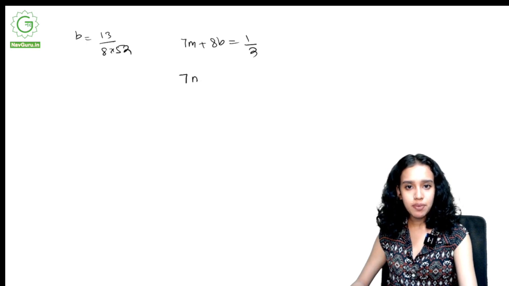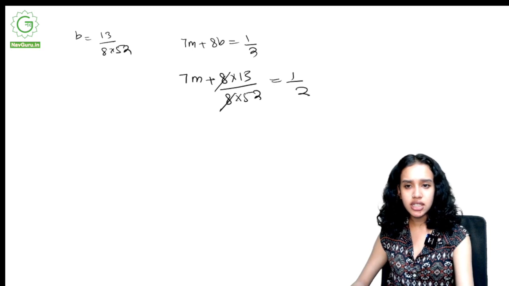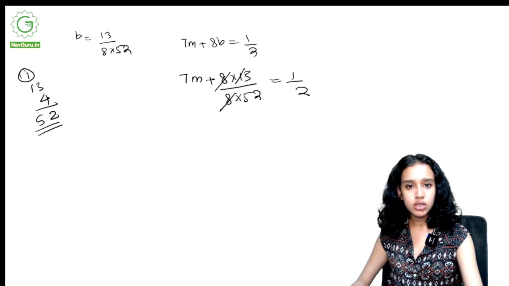So 7m plus 8 into 13 by 8 into 52 is equal to 1 by 2. We cancel this 8 out, and 13 and 52. What is 4? 3s are 12, 4 1s are 4 and 5. So this is 4, right?